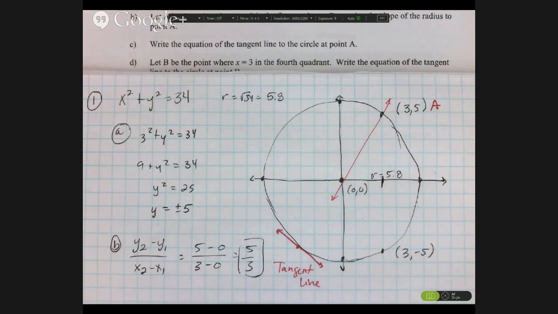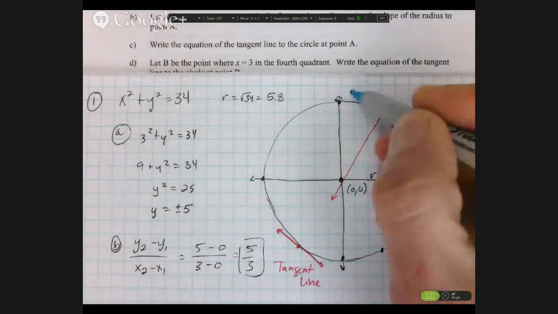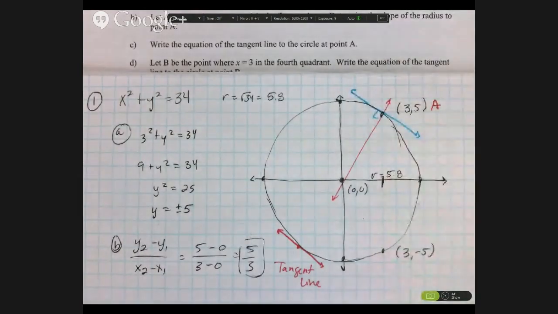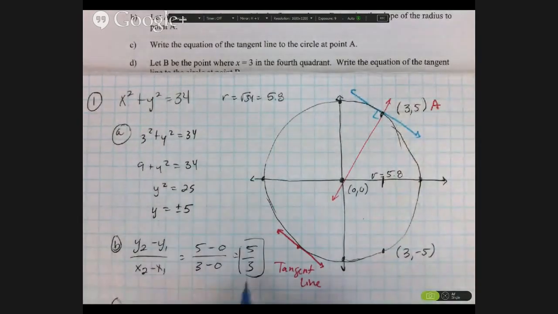If you'll remember, here's your reminder, they have to be perpendicular. So that tangent line is perpendicular to that line, which means the slope for C is the negative reciprocal.